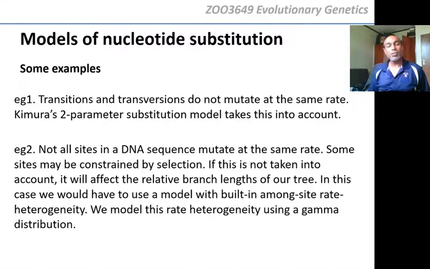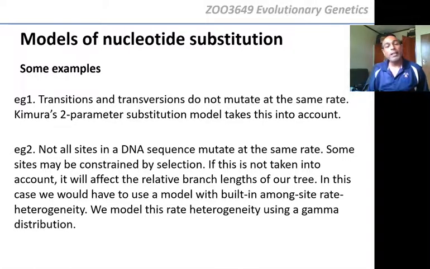So this will affect what? The length of the branch, because the length of the branch, remember, is about the rate of evolution. So the length of the branch between any two taxa will change, okay, depending on the rate of mutation.